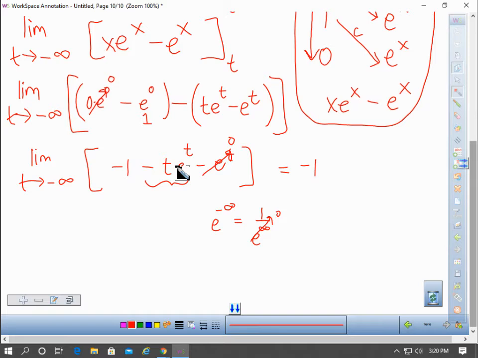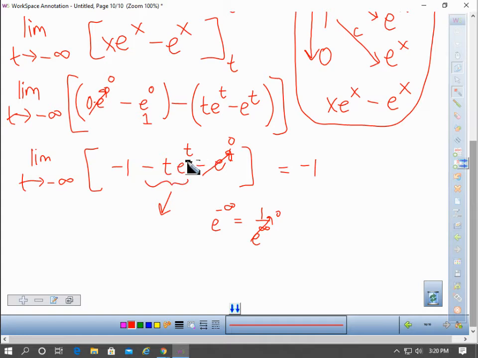That is an indeterminate product. So what we have to do is rewrite it to figure out the value as we take the limit and let t go to negative infinity. How do we fix an indeterminate product? We have to make it a quotient, so we can do L'Hopital's rule if we need to.